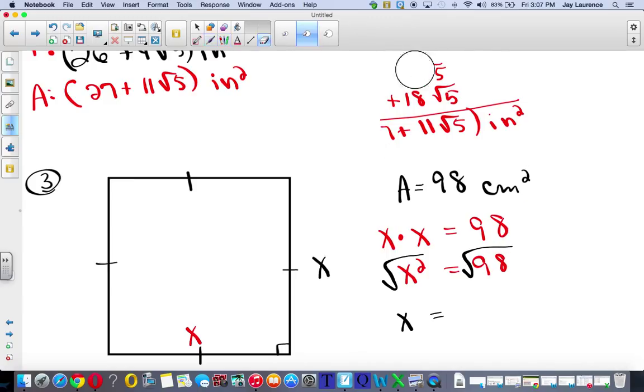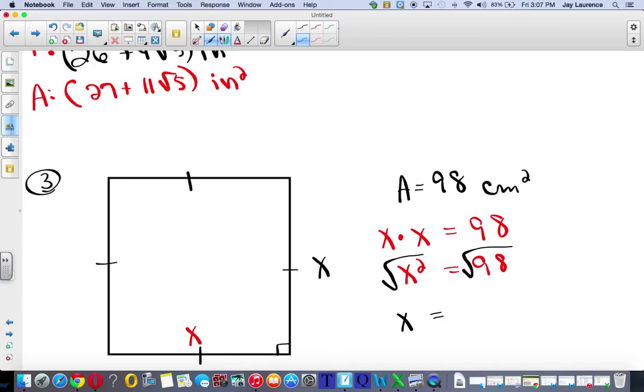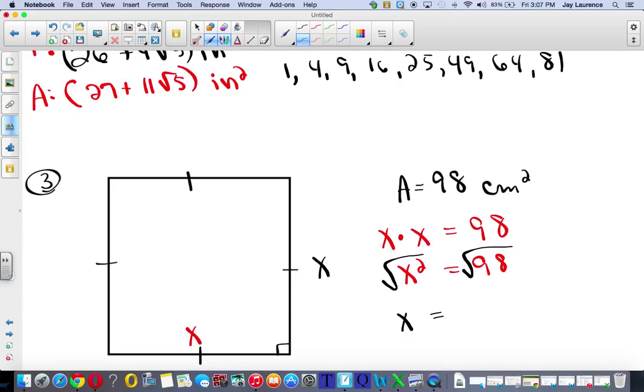Let me see, I need a perfect square that goes into 98 evenly. So let me list my perfect squares out. I've got 1, 4, 9, 16, 25, 49, 64, 81, and I don't have to go any higher because they're bigger than 98. So now I'll check and see, and if I need to use a calculator, it's okay, but I'm not going to type in the square root of 98 and get a decimal approximation.